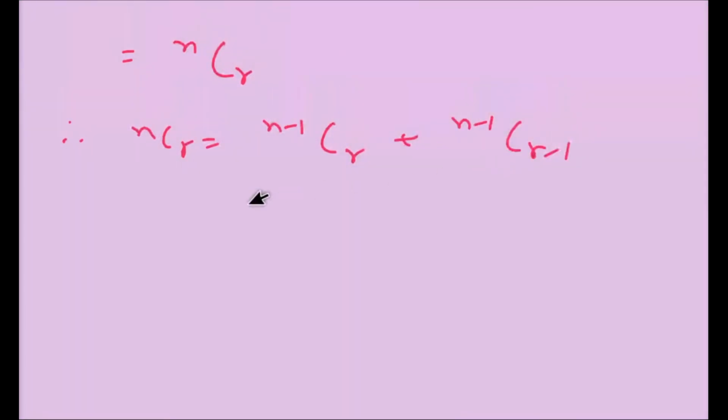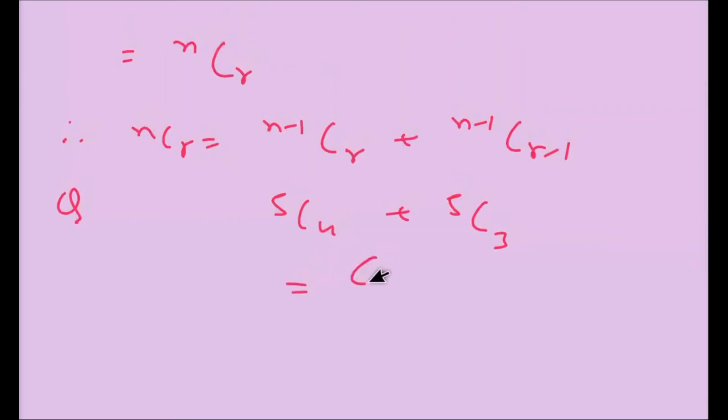So we can say, for example, 5C4 plus 5C3. We are taking the difference here, 1, that is 4, 3. Difference is 1 here. Okay, and this is 5, this is 5, the same. So it is 1 more than this, so it should be 6, and this is equal to this, so it should be 4.